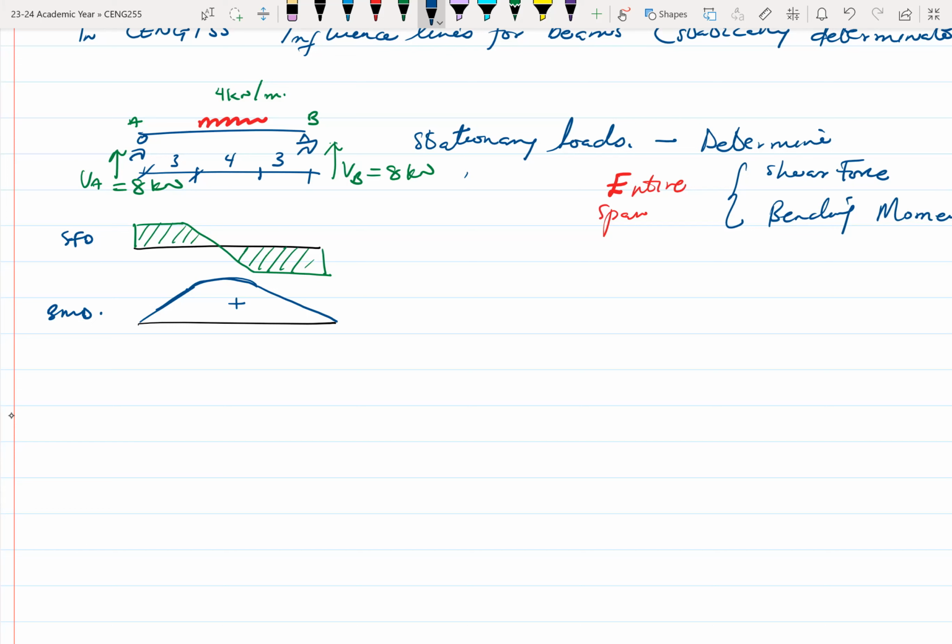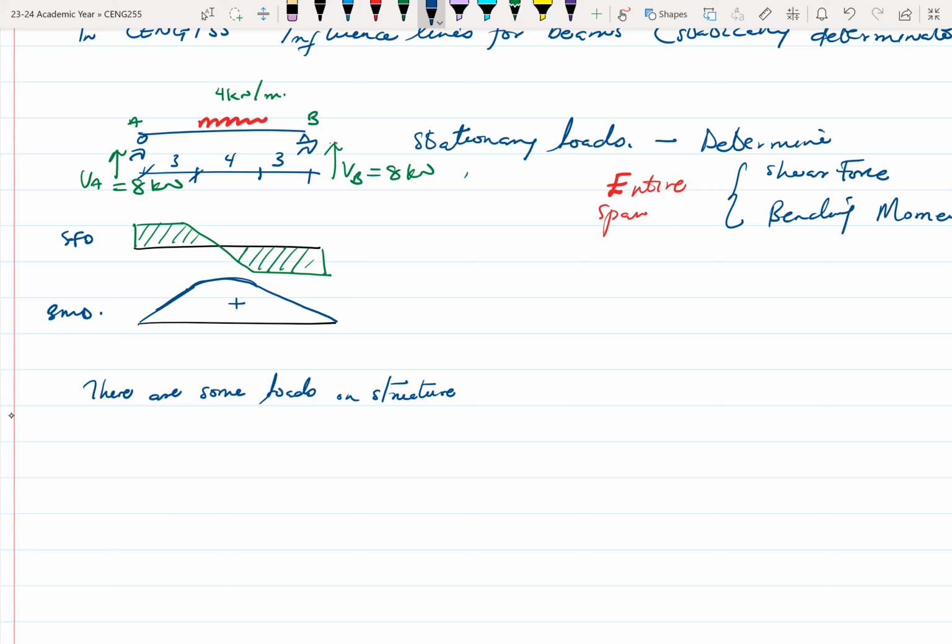But truth be told, there are some loads on structures where these loads are not fixed in space or in time, right?